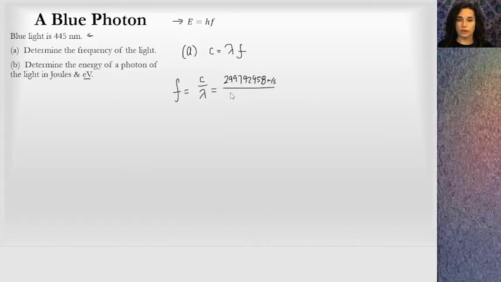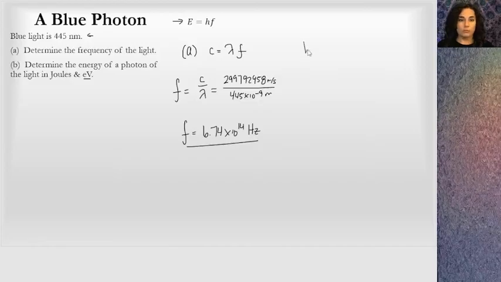And I divide by the 445 times 10 to the negative 9th meters. You can see I get 1 over seconds. And the frequency of this, you can put it through your calculator, you get to be 6.74 times 10 to the 14th hertz. So that would be the frequency of it.